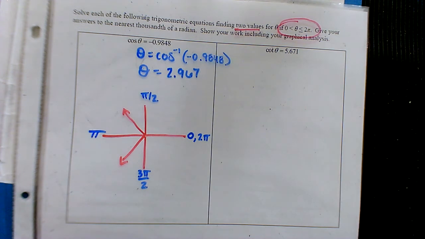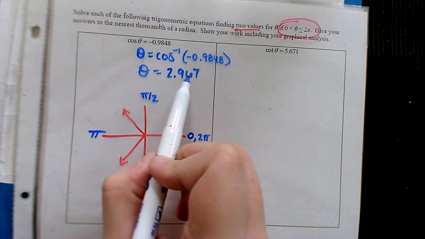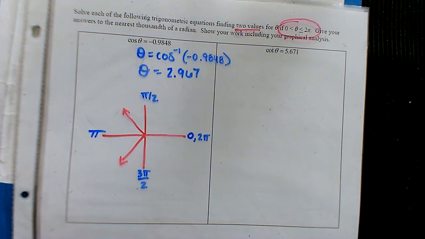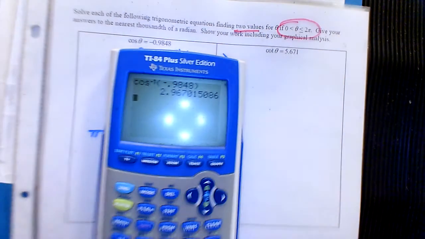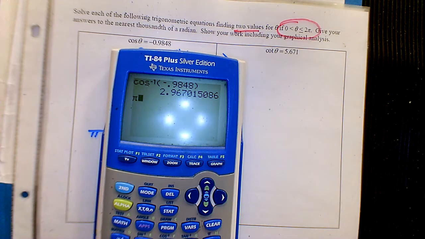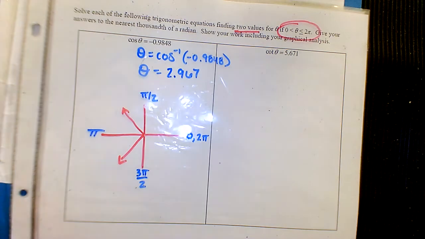Now what's a little tricky is this 2.967 already has the pi multiplied in. For instance, on your calculator, if you were to type in pi divided by 2, which is our 90-degree point at the very top, that would be the same as 1.57.